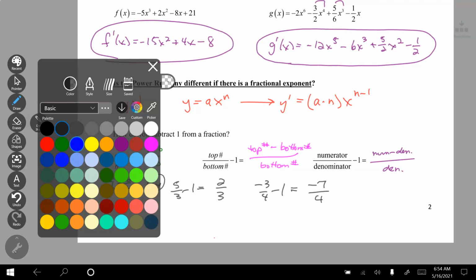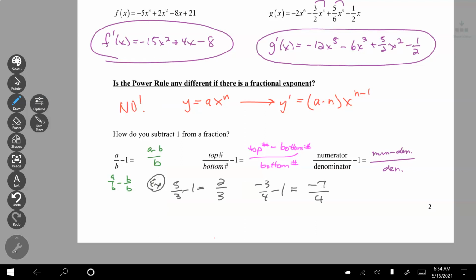And the whole key to this is that the denominator will not change. So that's how I subtract 1 from a fraction. I just do the numerator minus denominator over the denominator. Works every single time. It's never going to let you down.